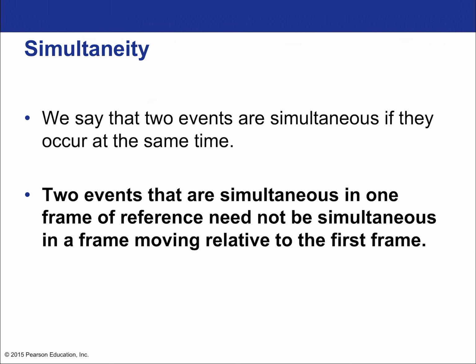So, one of the first big consequences of this way of thinking, this theory that Einstein proposed, was the effect on simultaneity. So, we say that two events are simultaneous if they occur at the same time. Two events that are simultaneous in one frame of reference need not be simultaneous in a frame moving relative to the first frame. Now, this is a big deal.